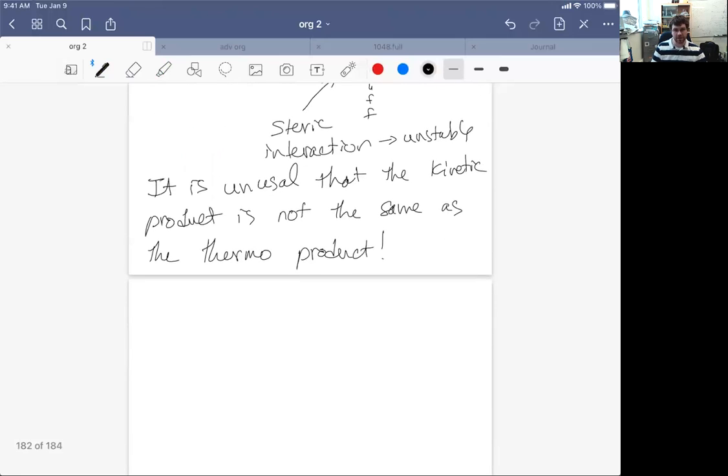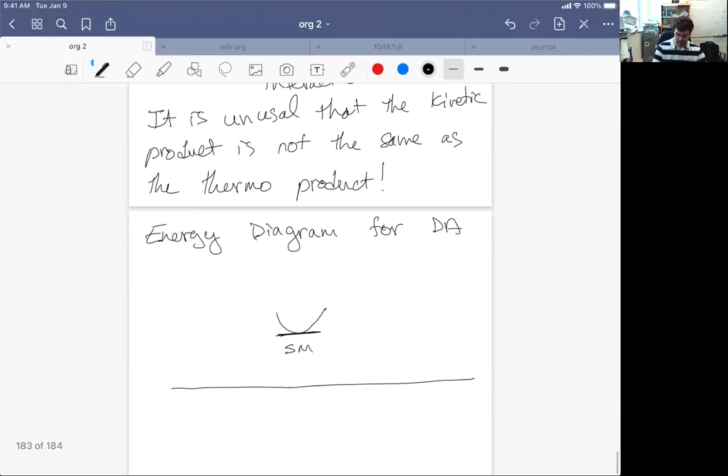And we could actually consider this as an energy diagram for the Diels-Alder reaction. Now what I want to do is consider a valley in the middle of my page that is a starting material. And if you recall, we have an x-axis that's going to be reaction coordinate and a y-axis that will be energy.